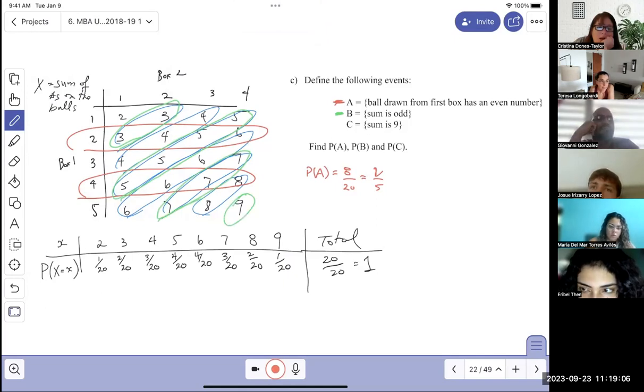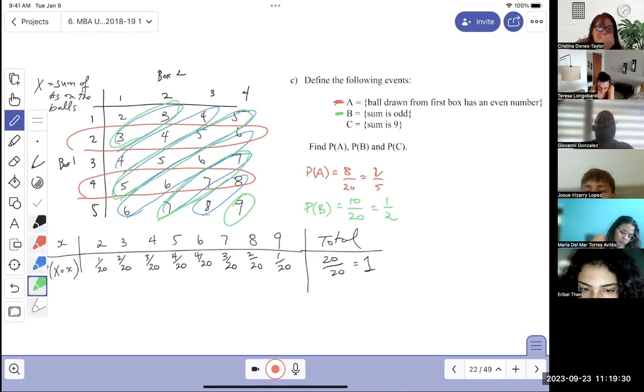The green. 10 out of 20. Yeah, it's half. Okay. And the last one, C. It's 1 out of 20.